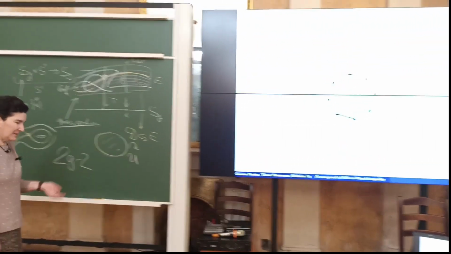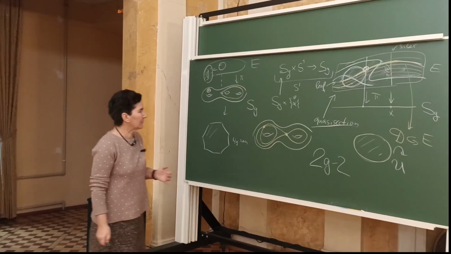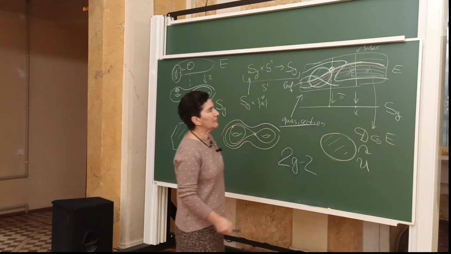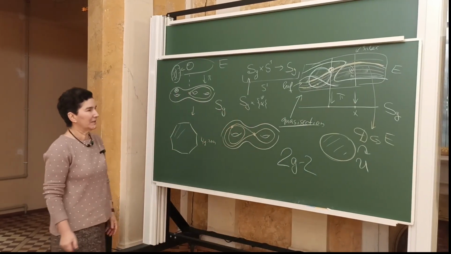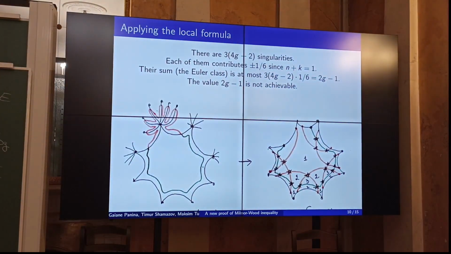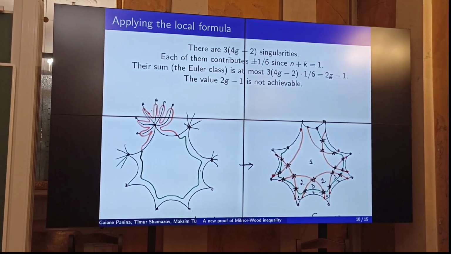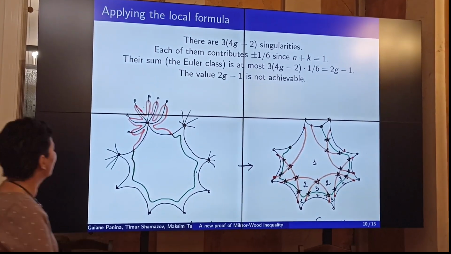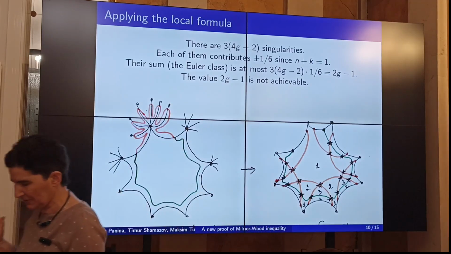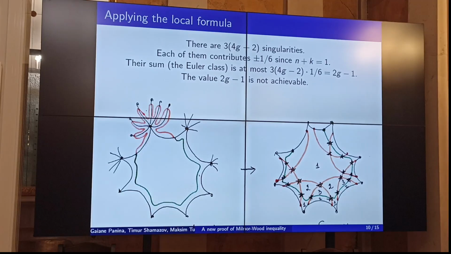So the main ingredient is the local formula for the Euler class in terms of singularities of quasi-sections. And let me also say the following. The motivation of this work comes from a quite old paper by Maxime Kazaryan.